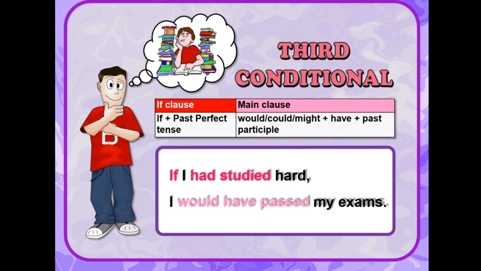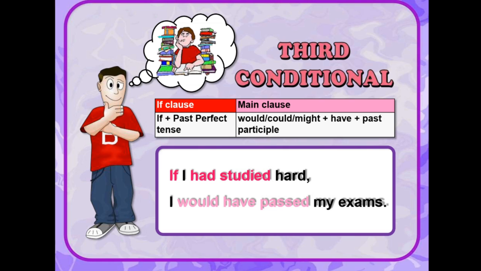Okay, so the third conditional sentence expresses a past idea that did not occur. It expresses an imagined result of the past event that did not occur. In other words, it is unreal. So what does that mean?